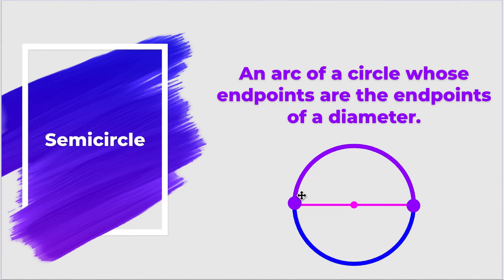So that is a semicircle. It is also half a circle, but this is the specific definition. It is defined as an arc that goes from one endpoint of a diameter to the other. So we're writing that down and drawing an image alongside it, and we'll move on to the next type of arc.